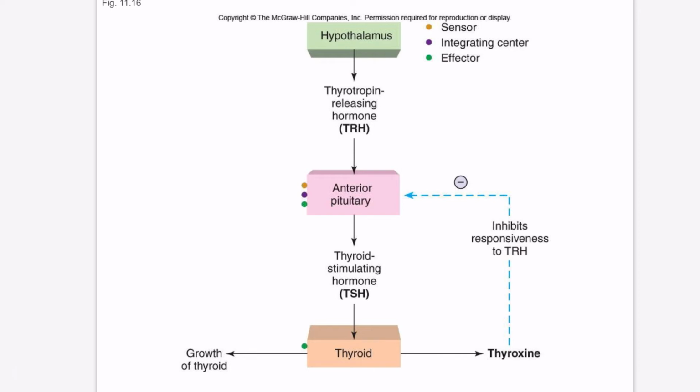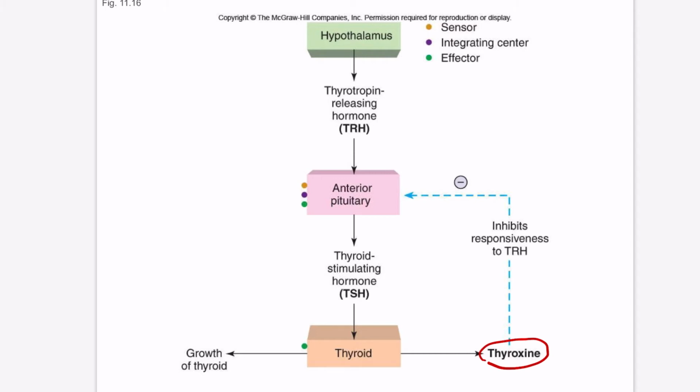So in this image, we have the hypothalamus releasing a hormone called thyrotropin releasing hormone, and that is going to stimulate the anterior pituitary to produce and release thyroid stimulating hormone, and that is going to stimulate the thyroid to release its hormone called thyroxine.